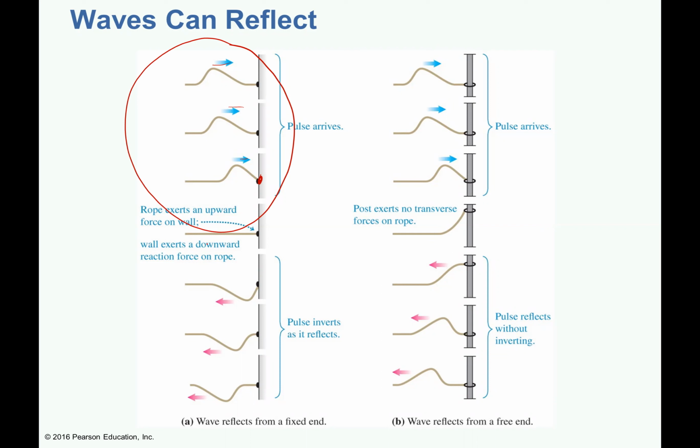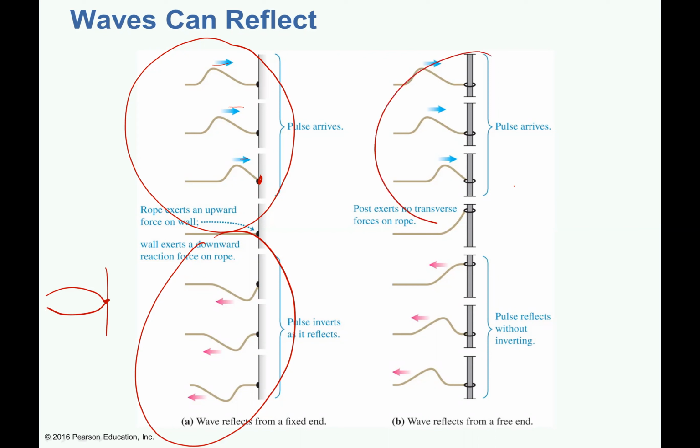So when it hits this fixed point, it has nowhere else to go, so it's reflected back. But when it's reflected back, it actually changes orientation. You can see it's now downward. It's inverted. It's moving in the opposite direction, to the left, plus it has a negative amplitude. That means whenever the wave reaches a point where there is nowhere else to go, it reflects back in the opposite orientation.